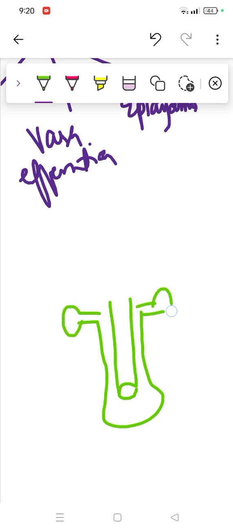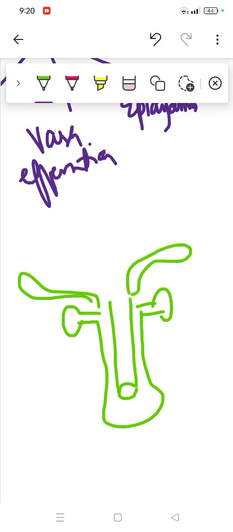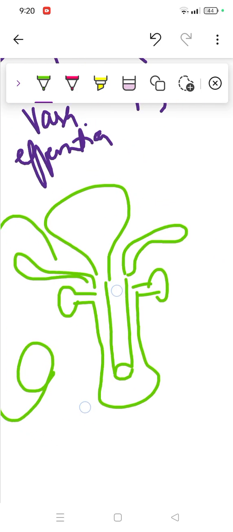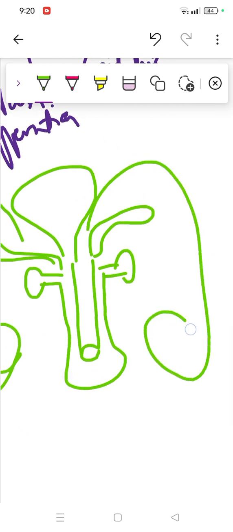Wait a moment, I need a while to create this picture. This kind of structure. Then here you'll see, yes, we are good to go.